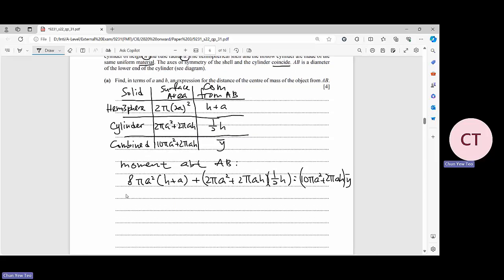So if you divide everyone by 2 pi a, I get 4 A H plus A square, then this one, you get an A plus H. This one you get 5A plus 2H.